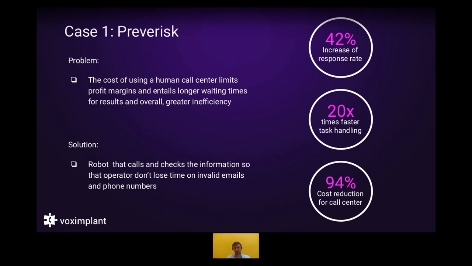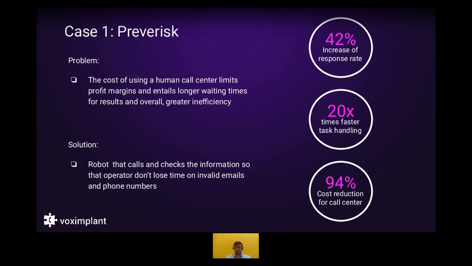And what they have seen is that sometimes clients enter wrong contact information, for example, emails, and sometimes these surveys get stuck in the spam filter, or their clients do not answer their emails. So before applying a voice bot, they had been using a call center, which was quite costly, and they wanted to make this process more automatic.